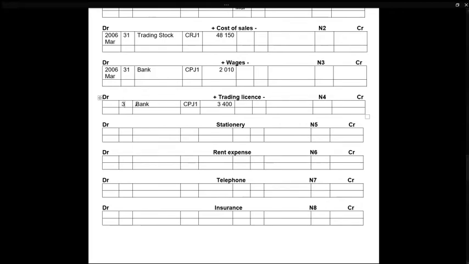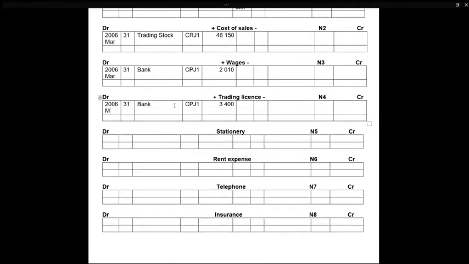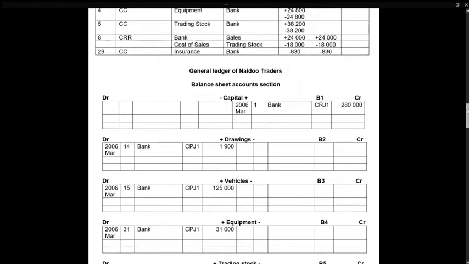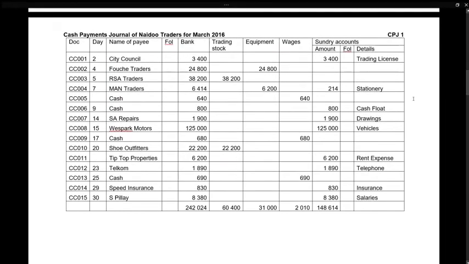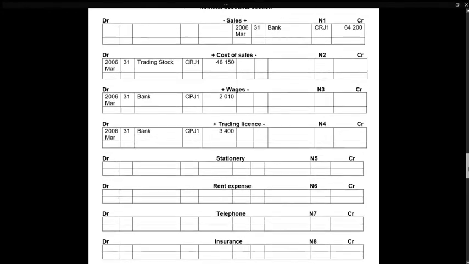Took place on the 31st, 2006 March. Stationery, also an expense. Remember, you use your stationery and then you throw it away at the end of the day. So there's stationery. I can't see any other stationeries, 214 Rand on the 7th. Let's go and fill that in.